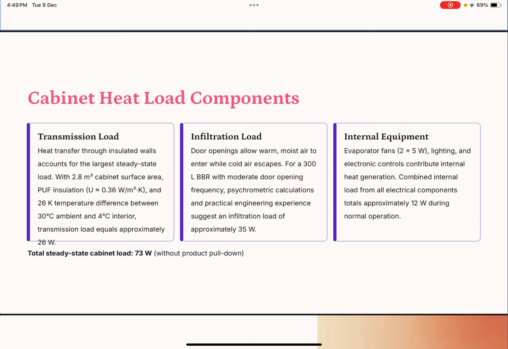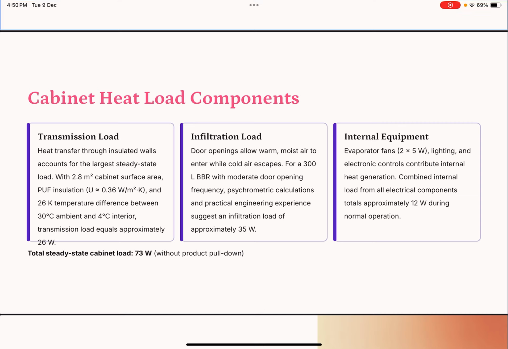The psychrometric chart gives you the properties or enthalpy of the air, and that helps you calculate the infiltration load. But for smaller systems like the one we are dealing with, we can also make a reasonably good engineering assumption, and that could be around 35 watts as the infiltration load.